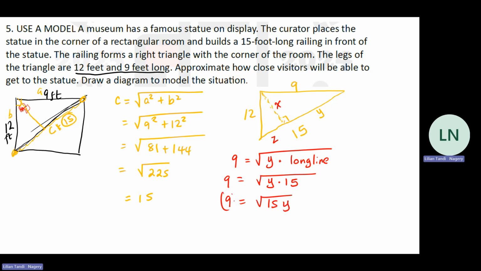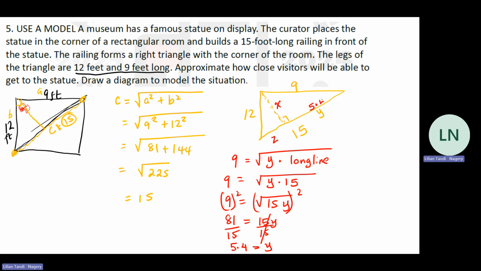Remove the square root, square both sides. So this is 81 equals 15y. Divide by 15, divide by 15. This goes away. Okay? So 81 divided by 15 gives us 5 and 4/10. So y is 5.4. So we put it over here.